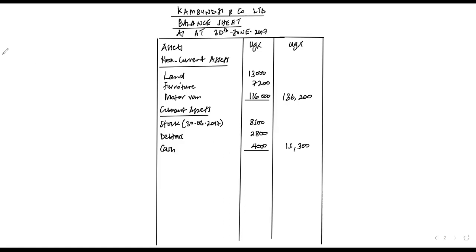Now we add our current assets to the non-current assets to get what we call the total assets. So here we have 151,500.